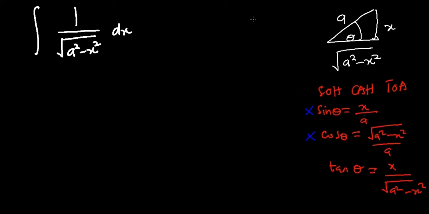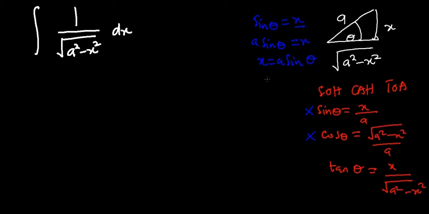So I have sine of theta equals x over a. If I want to make x the subject, I can take a to this side, so that a sine theta equals x. Let me write this as x equals a sine theta.